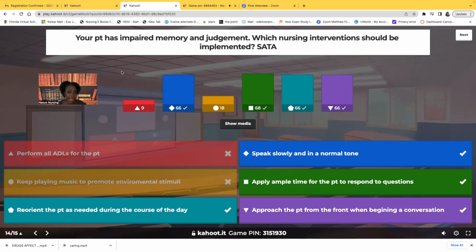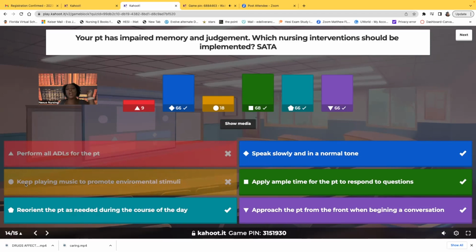And the other wrong answer is, look at this, keep playing music to promote environmental stimuli. 18 people chose this. Let me tell you why this is wrong. The first word, keep. What is that word? When it says to keep playing music, that means ongoing, not intermittent, not once in a while, right? Ongoing.